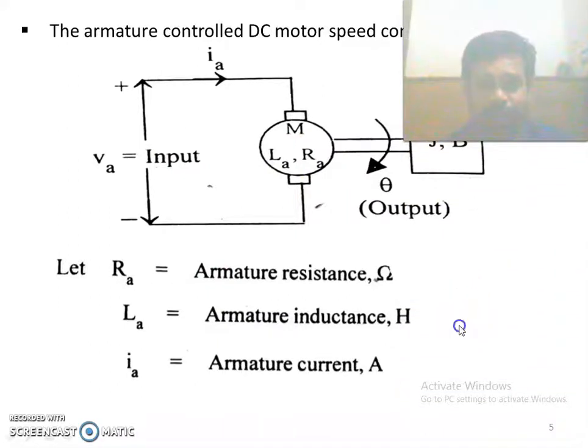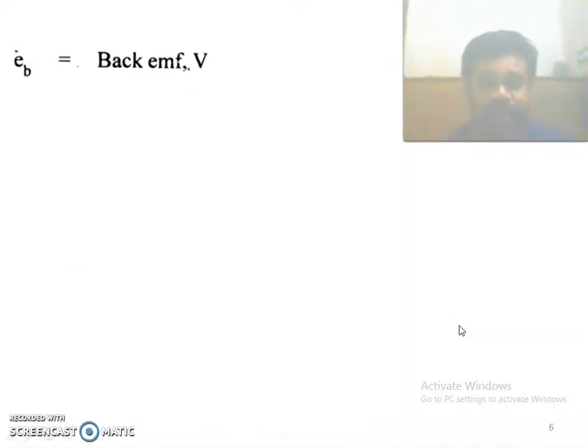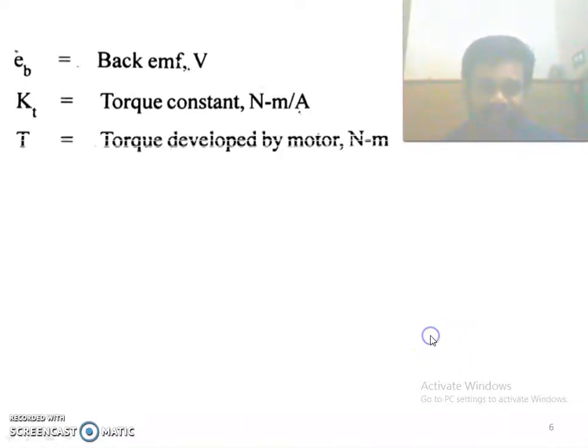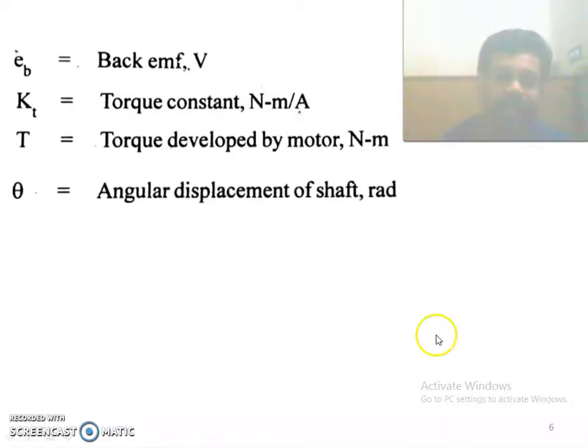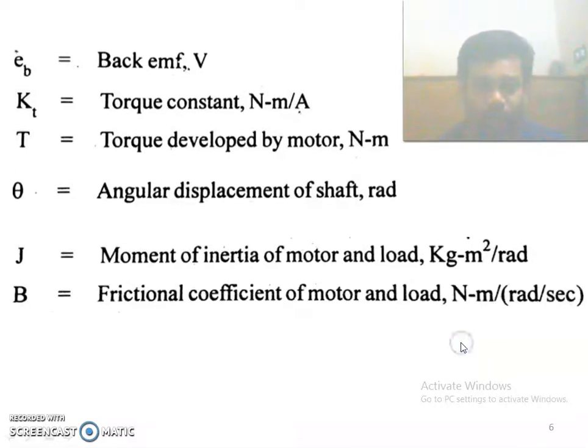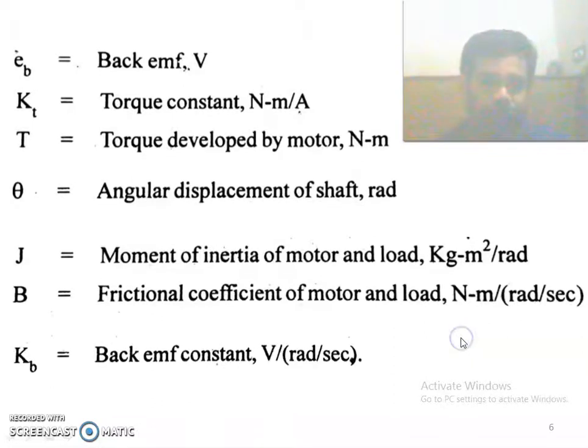EB is the back EMF, KT is the torque constant, T is the torque developed by the motor, given in Newton meter, theta is the angular displacement of the shaft, J is the moment of inertia of the motor and load, V is the frictional coefficient of the motor and load, and KB is the back EMF constant.